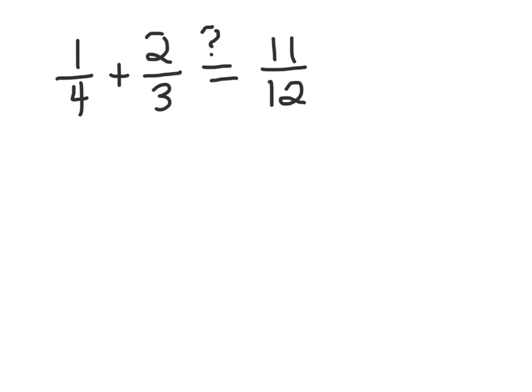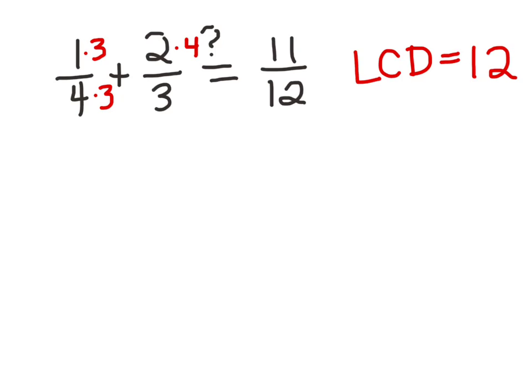Remember, we need to scale up to find the least common denominator. And the least common denominator here for these two is the least common multiple of 4 and 3, which is 12. So I'm going to scale up the first fraction by multiplying by 3 and scale up the second fraction by multiplying by 4.